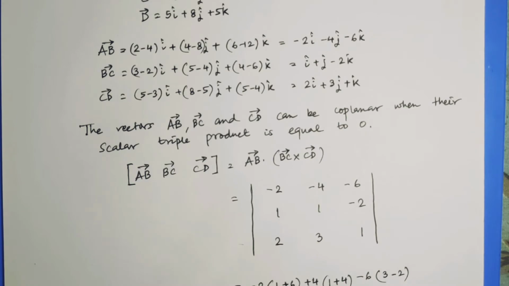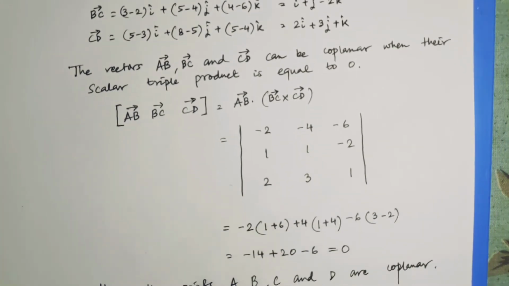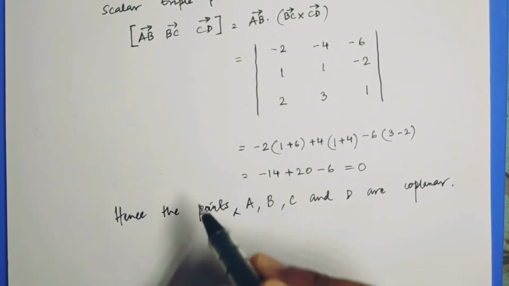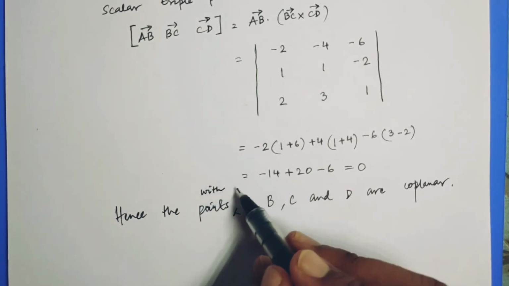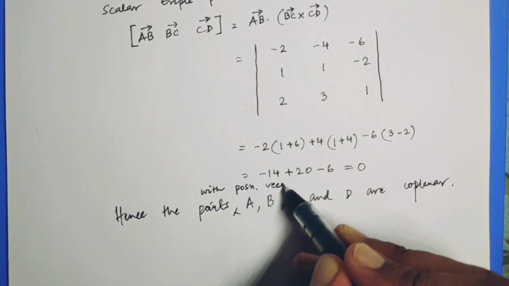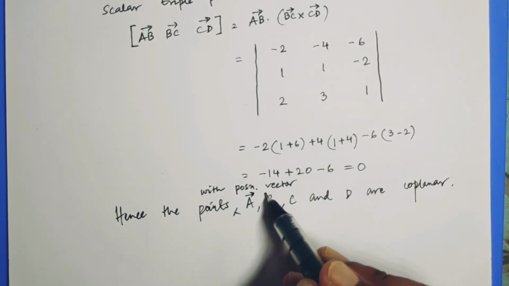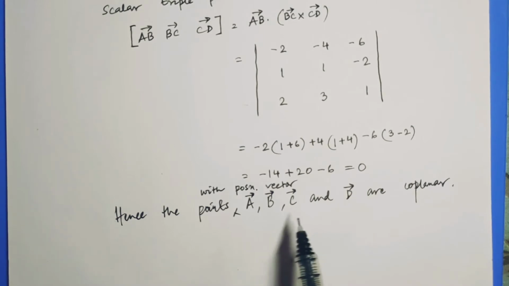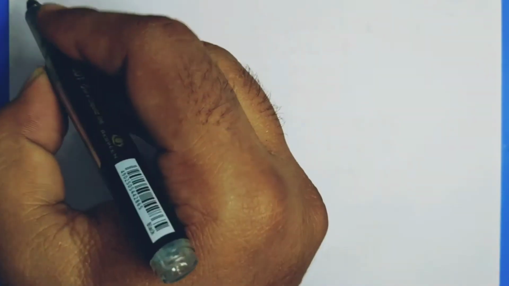Actually we have to write that hence the points with position vectors A, B, C, D are coplanar. Understood? So the scalar triple product has to be 0. Then we can say that those 4 points with position vectors A, B, C, D are coplanar. Now we will be doing question number 6.